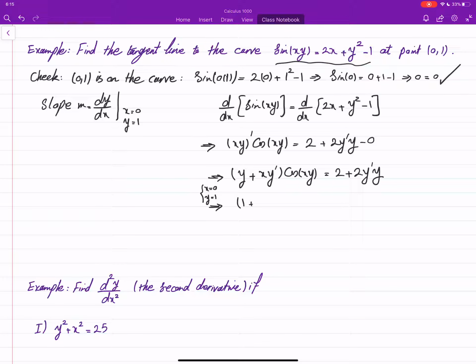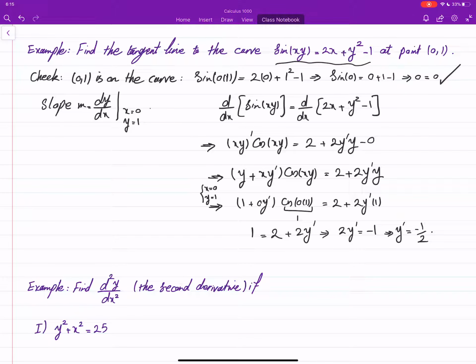This will be 1 plus 0 times y prime cosine of 0 times 1 equals 2 plus 2y prime times 1. This is 1 plus 0 times cosine of 0. Cosine of 0 is 1. So we have 1 equals 2 plus 2y prime. Solve this and you get 2y prime is 1 minus 2, which is negative 1, and y prime is negative 1 over 2.